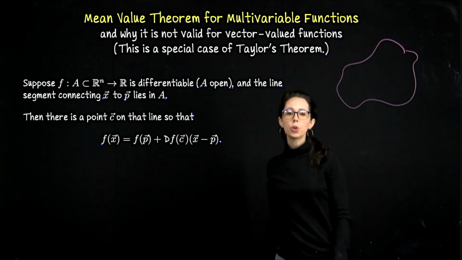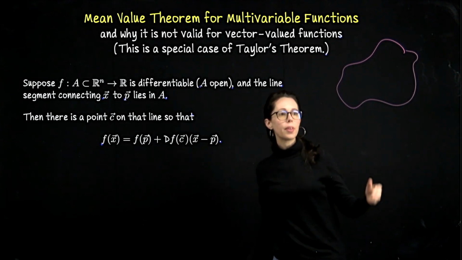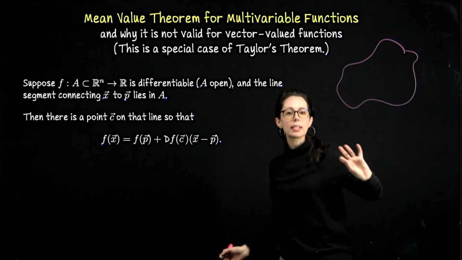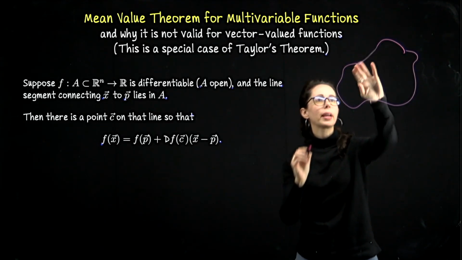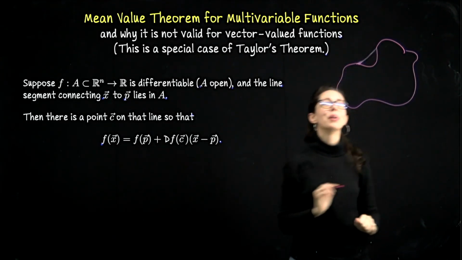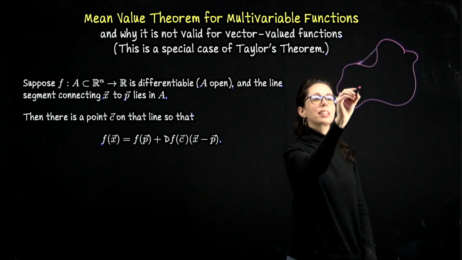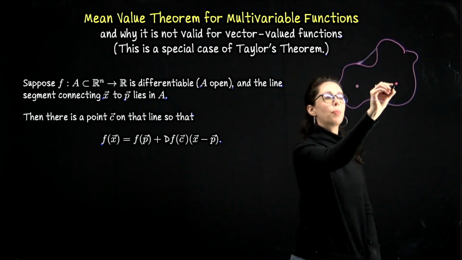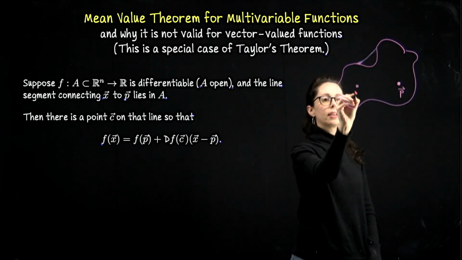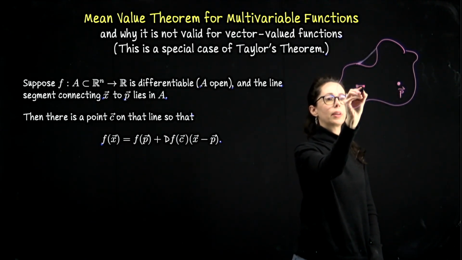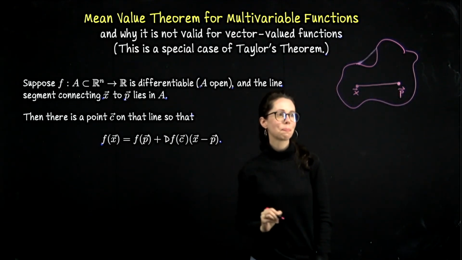Now, if you take any 2 points in A so that you can connect them with a straight line segment which stays in A, imagine I go like that. There we go. Okay, so I could connect, say, this point to this point. We'll call this the point P and this the point X with a straight line segment.